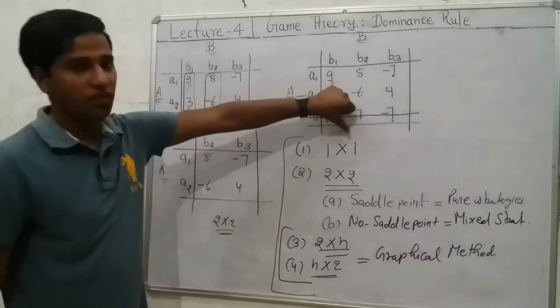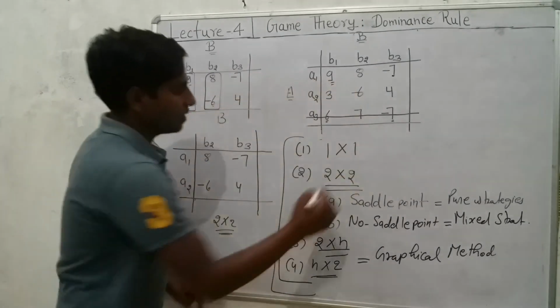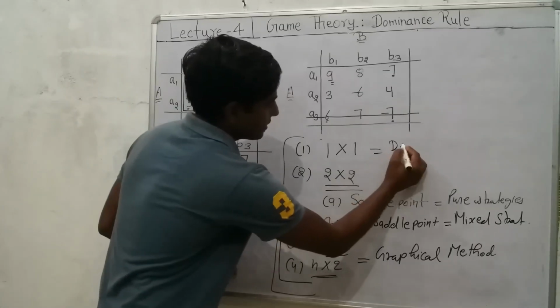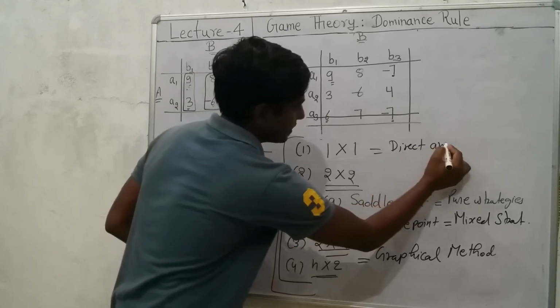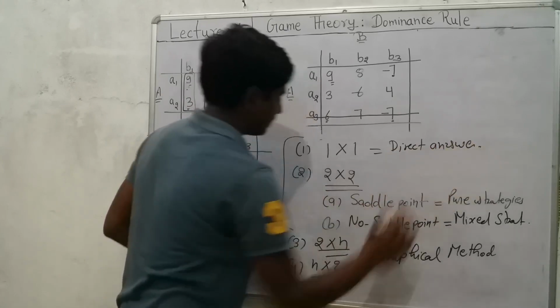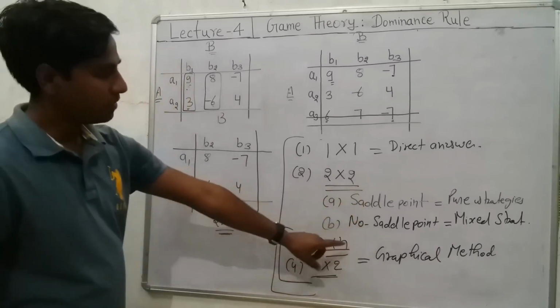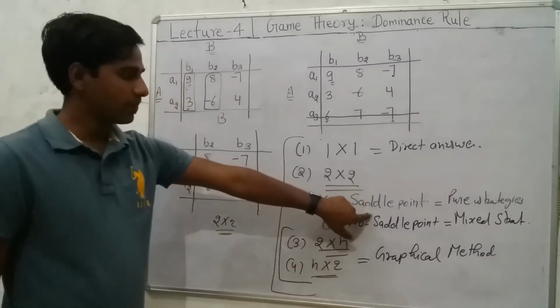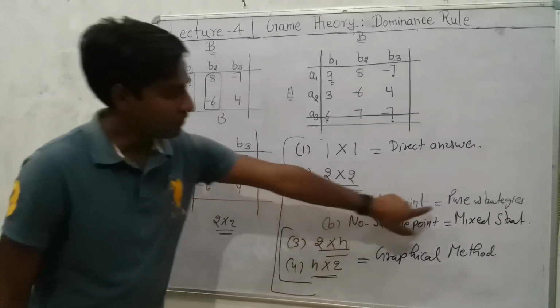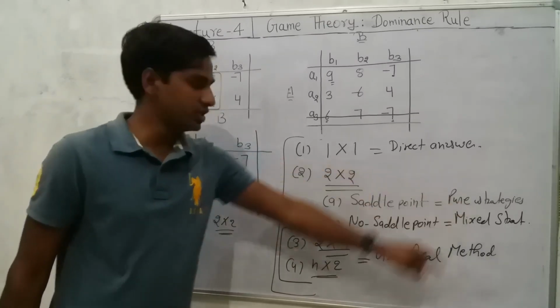If the outcome is of order 1 by 1, it means we have a direct answer. If the reduced matrix is of 2 by 2 order, then there can be 2 cases. If the matrix has a saddle point, then there will be a pure strategy for each player.